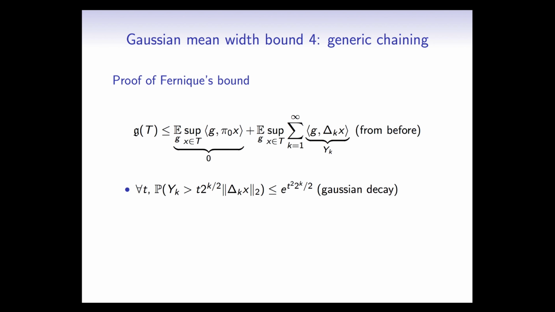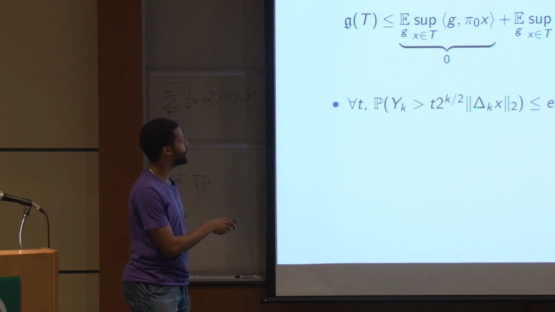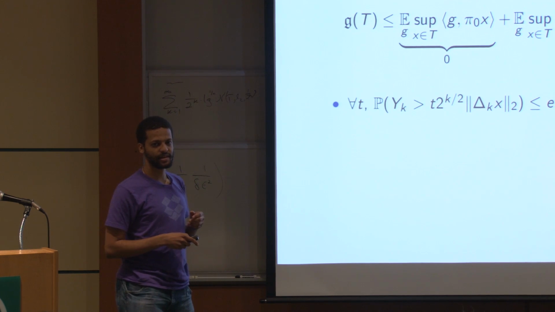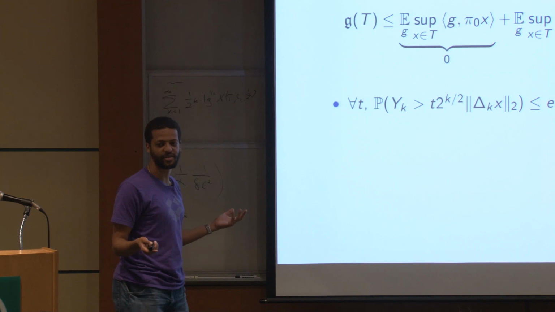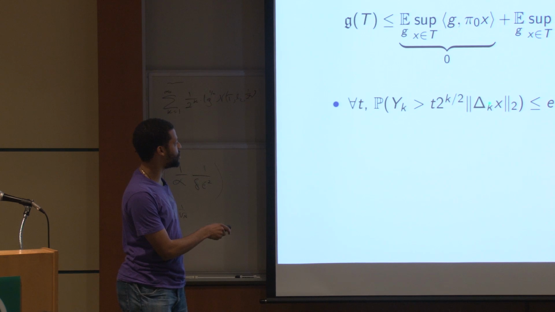And the key thing to note about these random variables is if I look at a particular one of these random variables, it's a Gaussian whose standard deviation is this value right here, the norm of that vector, right? And what's the probability that a Gaussian exceeds its standard deviation by more than a lambda factor? It's like e to the minus lambda squared. So what's the probability that I deviate from my standard deviation by this factor? It's e to the minus that squared. There should be a minus sign. E to the minus t squared 2 to the k over 2.